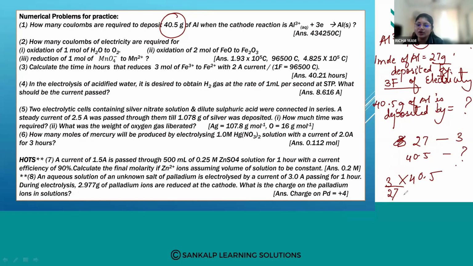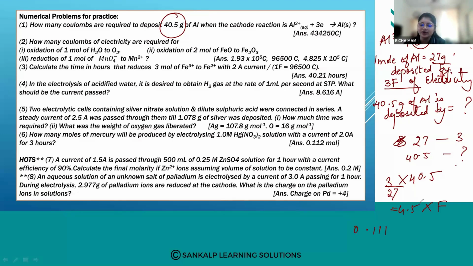First you calculate this and then we'll multiply it by F. 3 by 27 will give you 0.111, into 40.5, so it is 4.5.